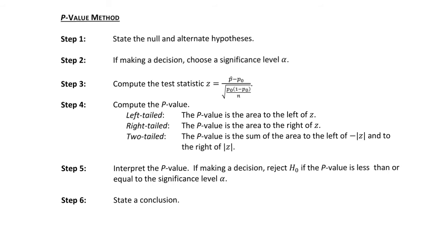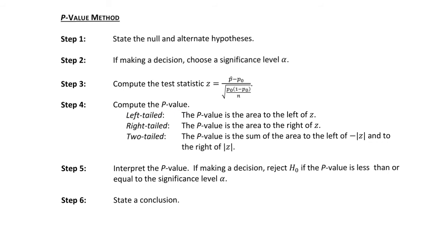Let's look at the step-by-step procedure for applying the p-value method. So first state the null and alternate hypothesis, then choose a significance level alpha, then compute the test statistic using this formula, then compute the p-value.